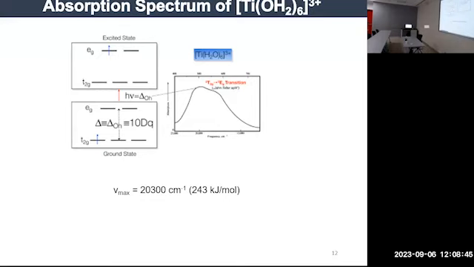How does that make this allowed? This covalency will split the wave function; the metal orbital wave function and the ligand wave function couple, and as much as I know, that actually makes them allowed.